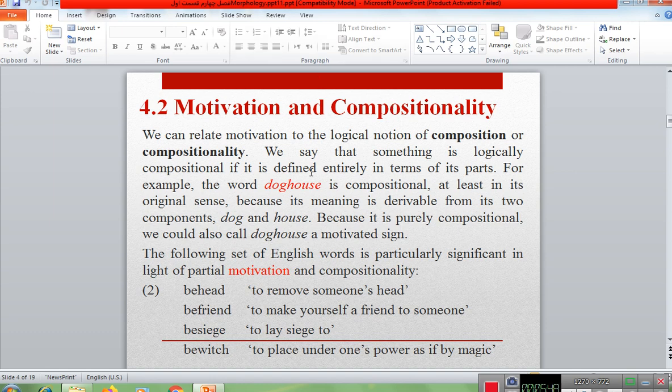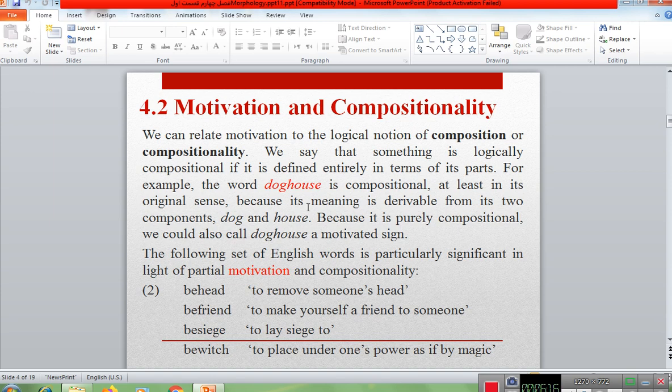Its meaning is composed of two parts, the meaning of dog plus the meaning of house. At least in its original sense, it is compositional, because its meaning is derivable from its two components, dog and house. Because it is purely compositional, we could also call doghouse a motivated sign.